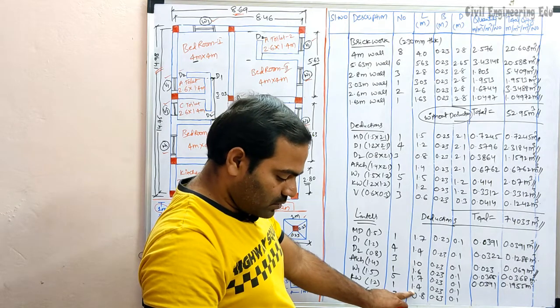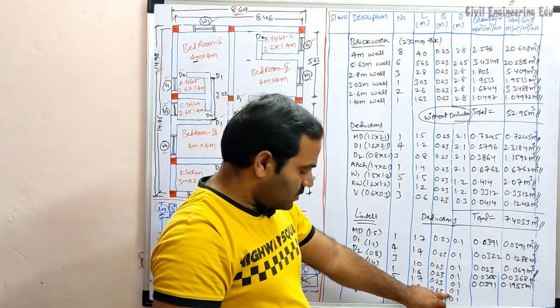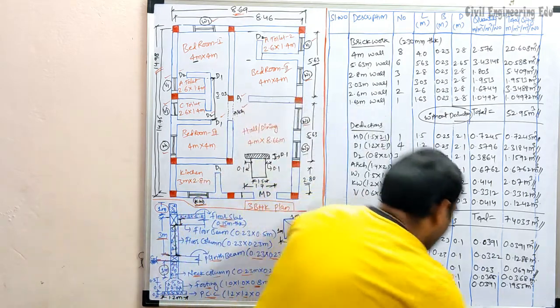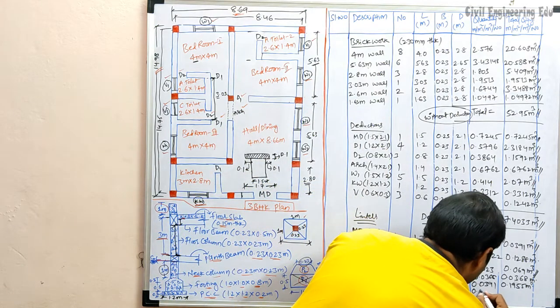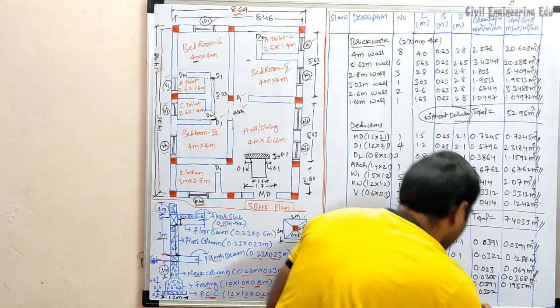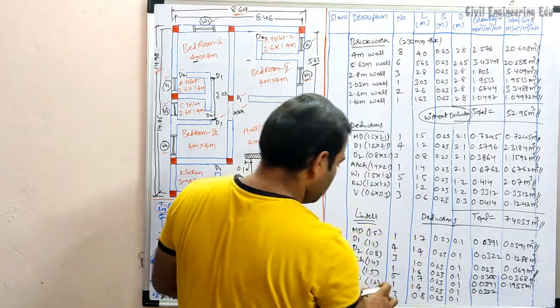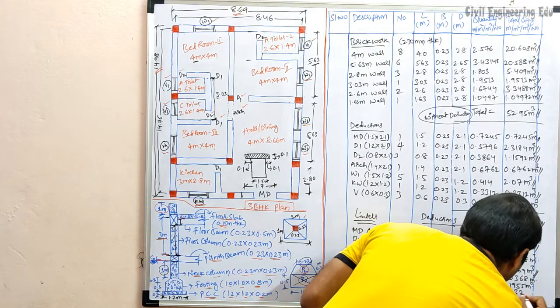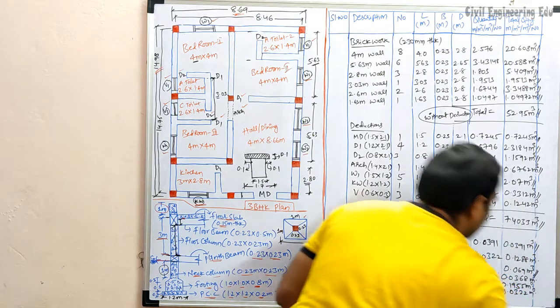Next one is kitchen window. 1.4 into 0.23 into 0.1. 0.0322 multiplied by only one kitchen window, 0.0322 meter cube.